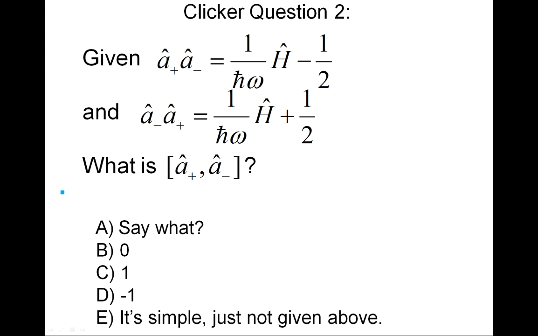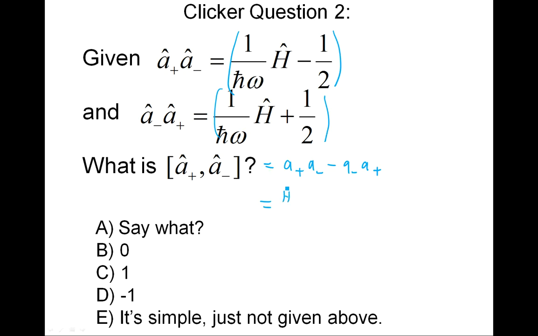All right, so this is another commutator style problem. And so if I look here, this would give me A plus A minus minus A minus A plus. And if I plug in my two terms, here's this one term, and then here's the other term. And so hopefully you can see that when you do this, the first part will cancel out.